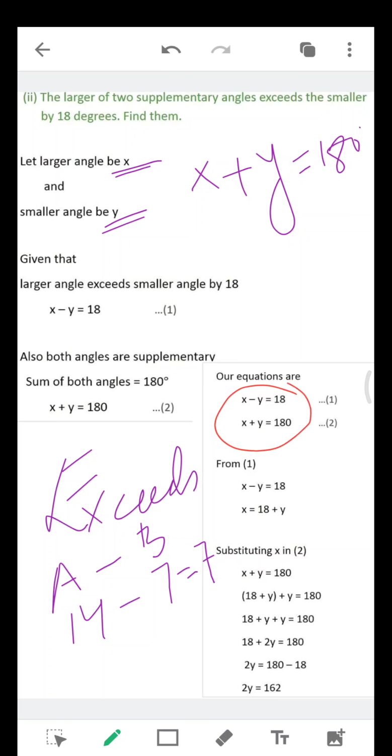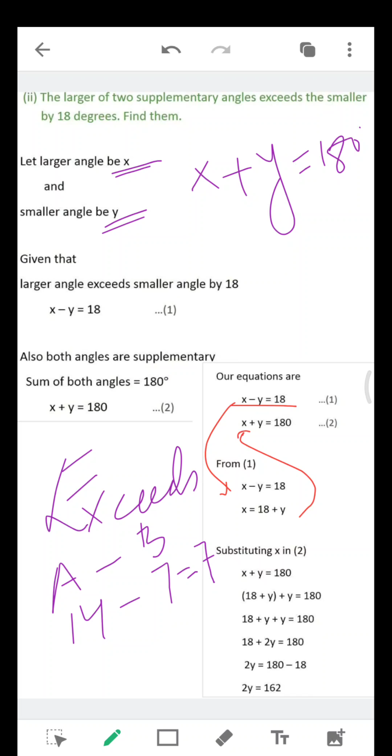So here we are substituting. We are taking equation number 1. From equation number 1 I am taking the value of x. So I am getting x is equal to 18 plus y. This x value I'll put in equation number 2. Okay, from 1 I'll put the value in 2.